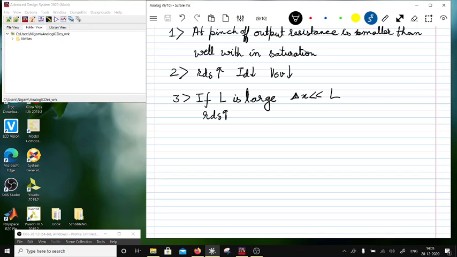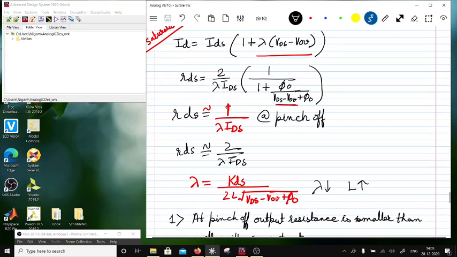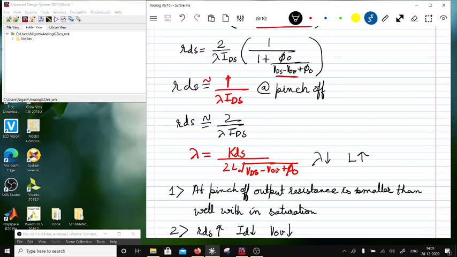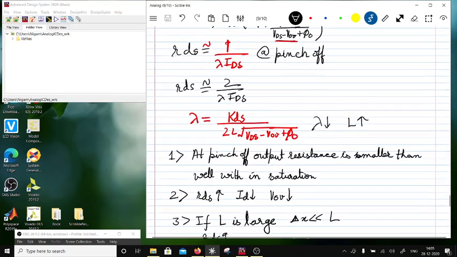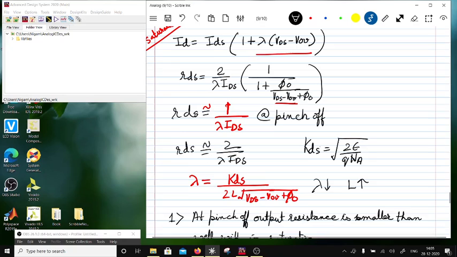So that comes from here. Now KDS is a function of Na. KDS is going to be equal to twice epsilon over QNa, where Na is the channel doping.